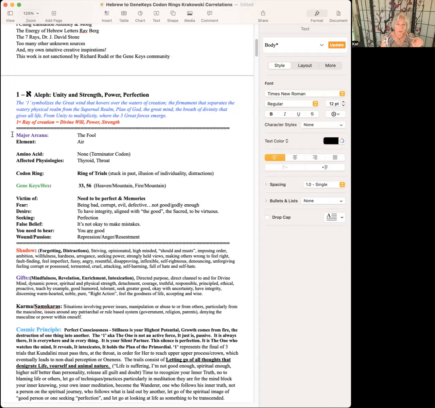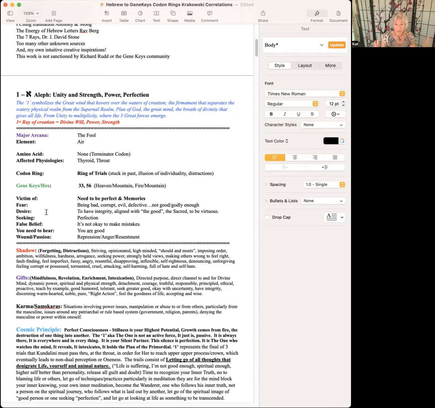And I've connected it to a major arcana, the elements, the amino acid, the codon rings, and then even thrown in some Enneagram, which of course just goes through 1 through 9. But I allowed the letters to come in and talk to me and tell me their own versions of these false beliefs, victim of, or fears and desires.